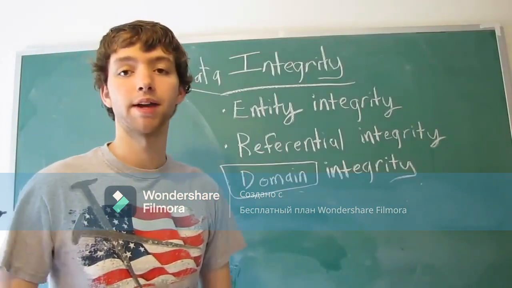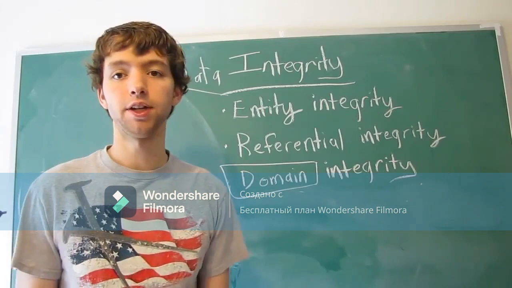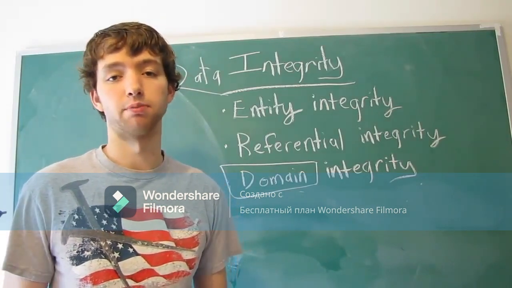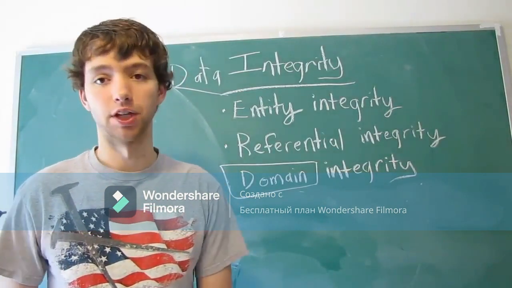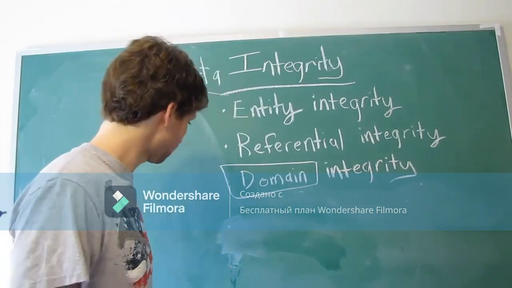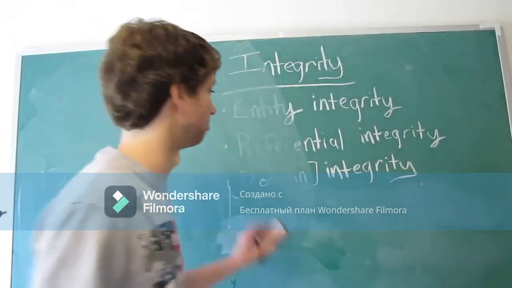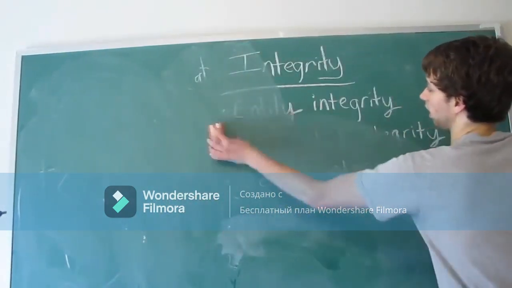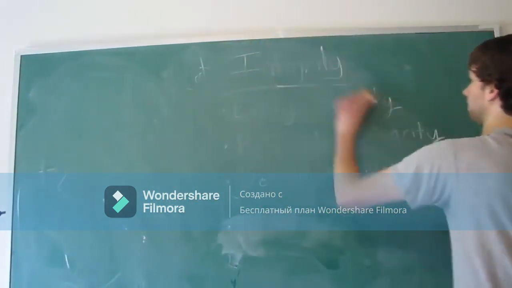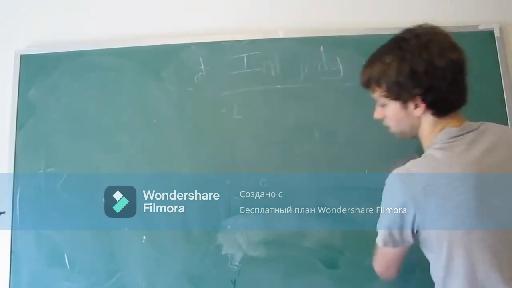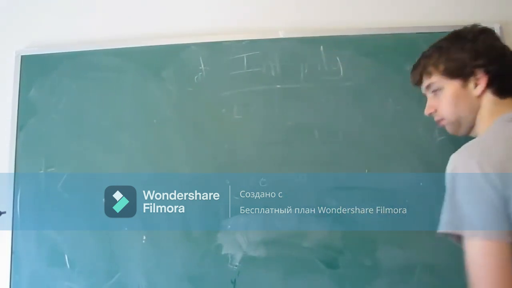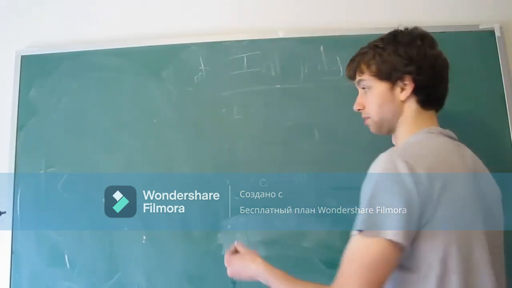So when we talk about practically implementing data integrity, different relational database management systems have different things you can do. Almost every single relational database system that I know of, I'm pretty sure all of them, but who knows, allow for data types.